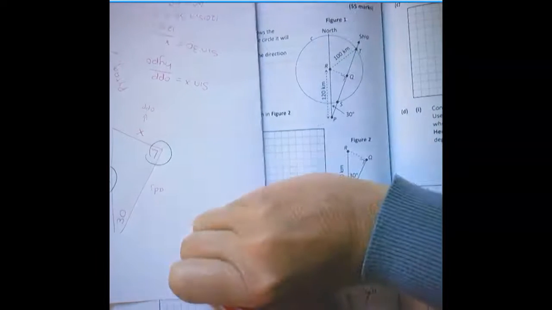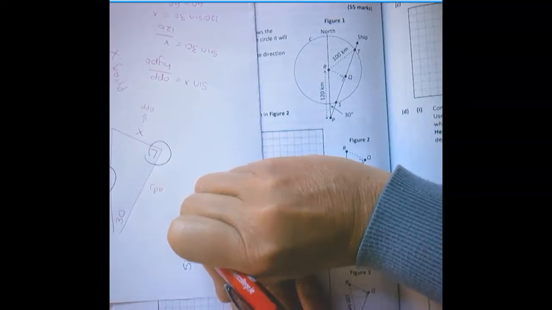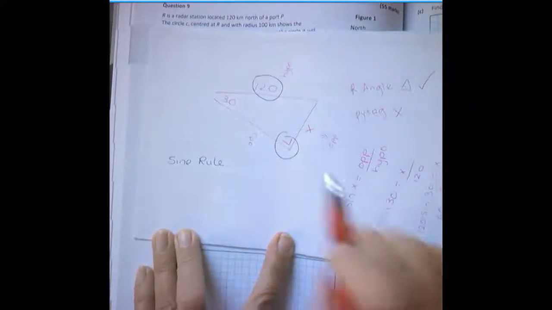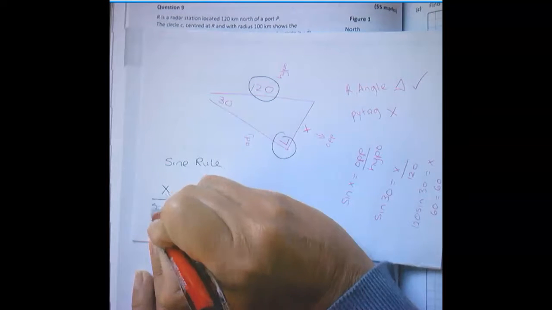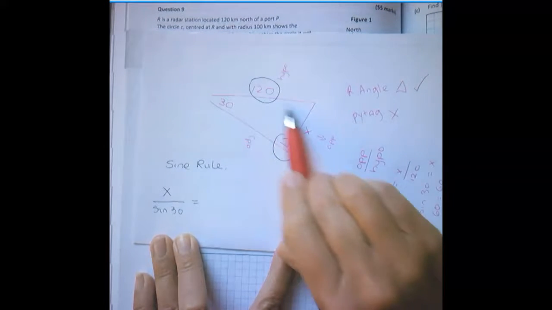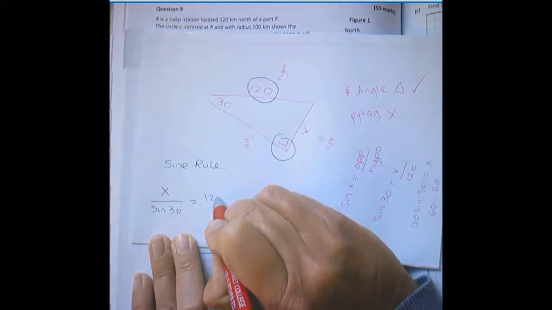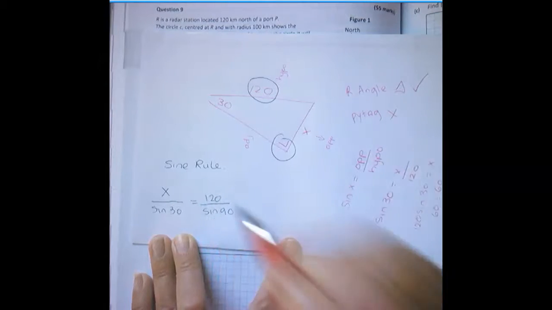So if I wanted to, I could do the sine rule. I'm looking for the side, so my x goes up here, over the sine of its opposite angle, which was 30, is equal to the side I know, which is 120, over the sine of its opposite angle, which is 90.